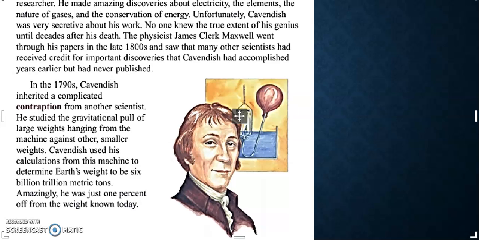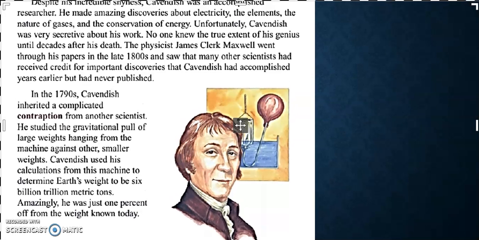Despite his incredible shyness, Cavendish was an accomplished researcher. He made amazing discoveries, and we are going to see what discoveries he made. For example, about electricity, the elements, the nature of gases, and the conservation of energy.